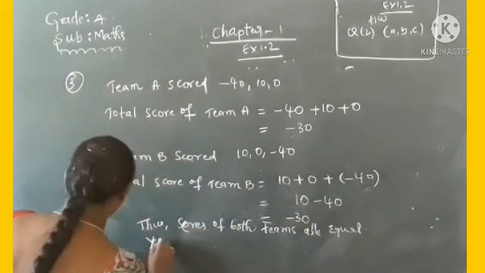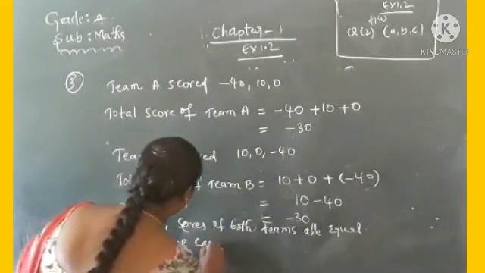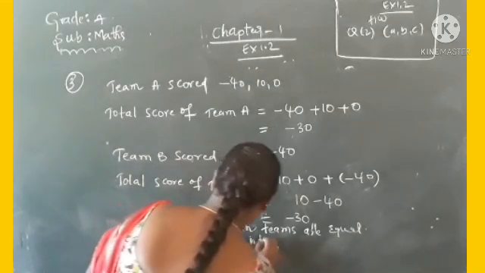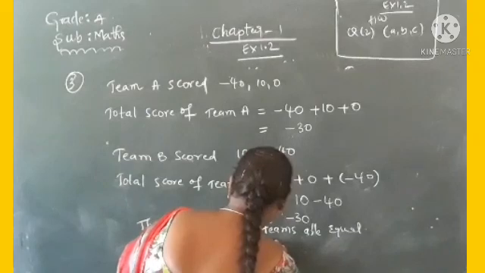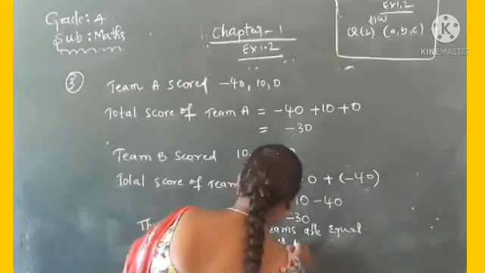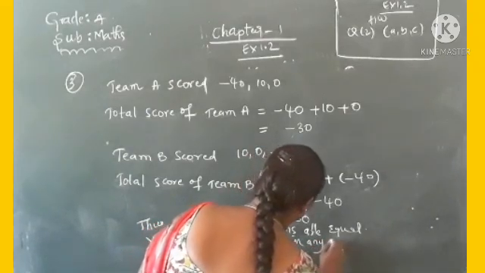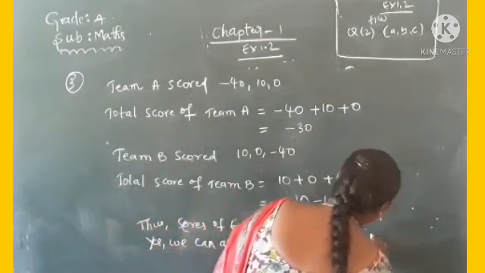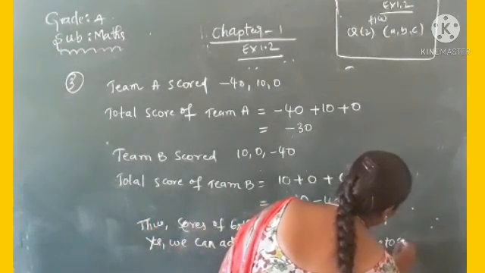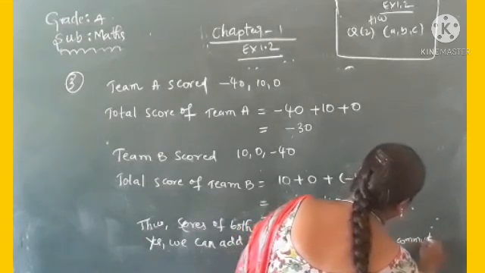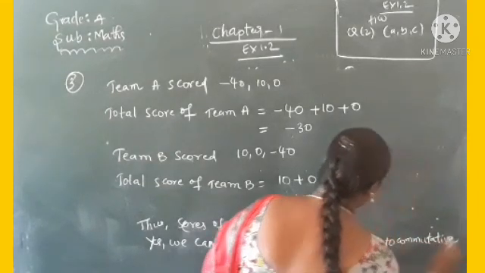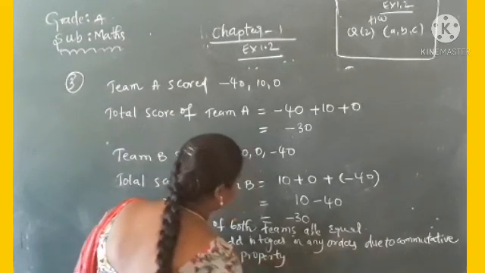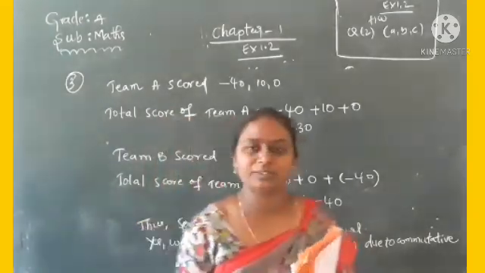So write the final answer: yes, we can add integers in any order due to the commutative property. The commutative property is, for any two integers, a plus b is equal to b plus a.